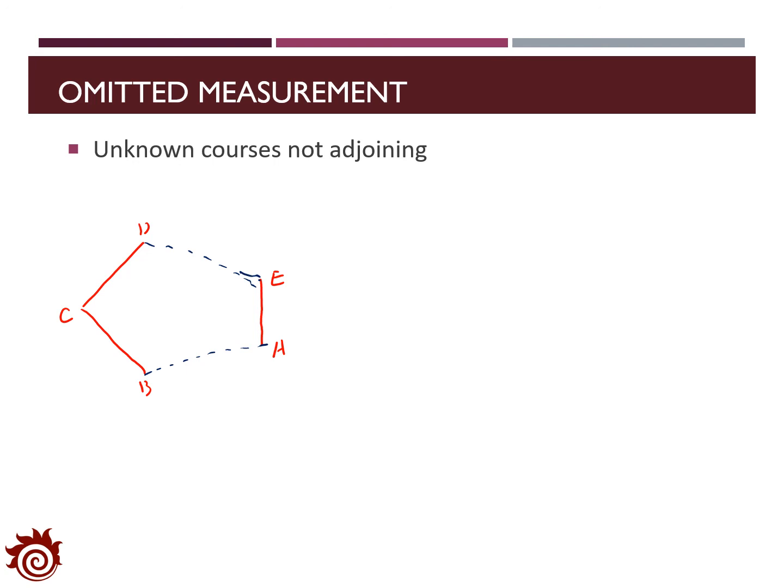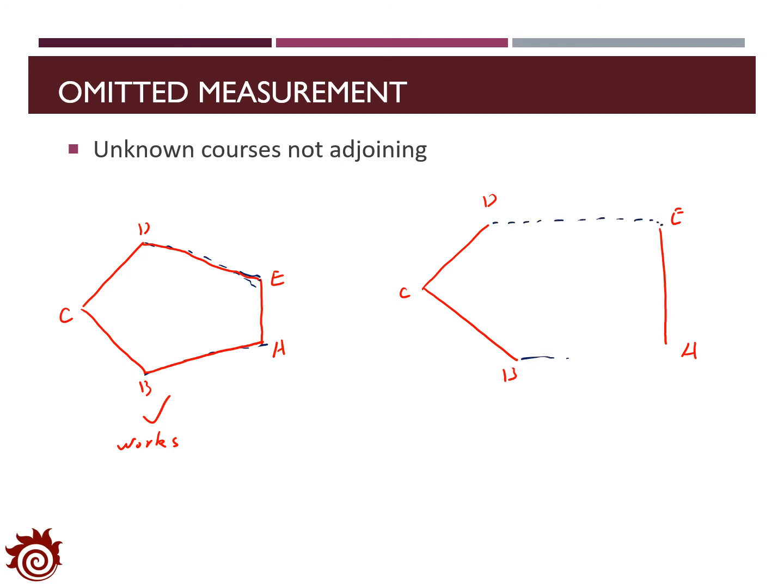In that case, we are able to finalize the distance from A to B and D to E. This works. However, if we consider the scenario where the missing segments are parallel to each other, then it's possible that we can get an infinite number of solutions.